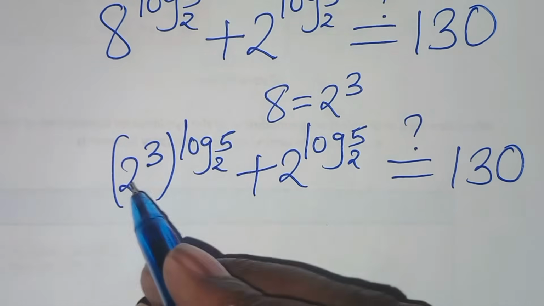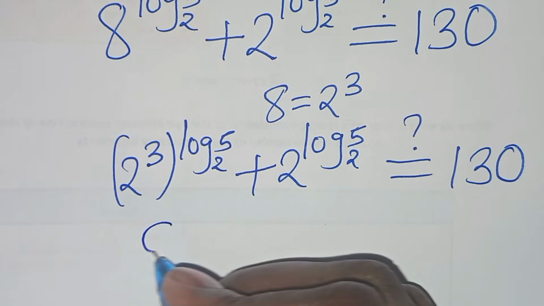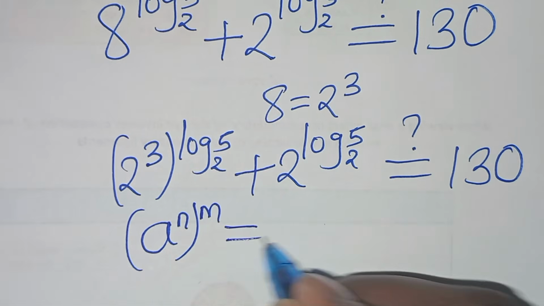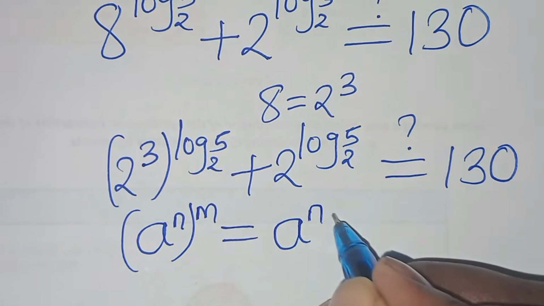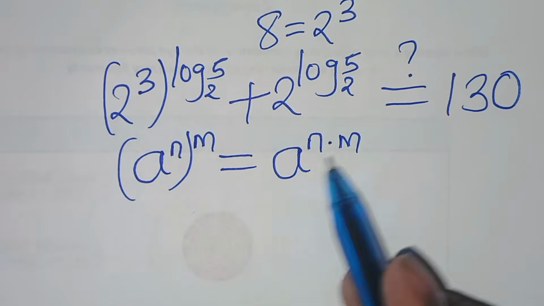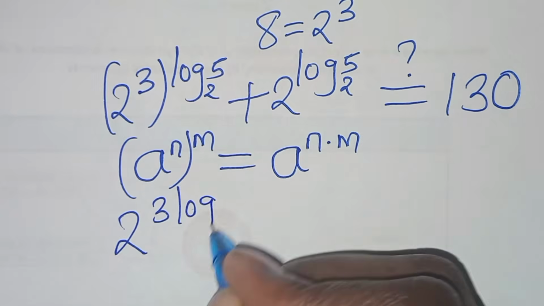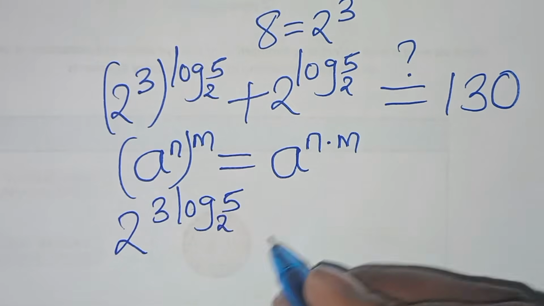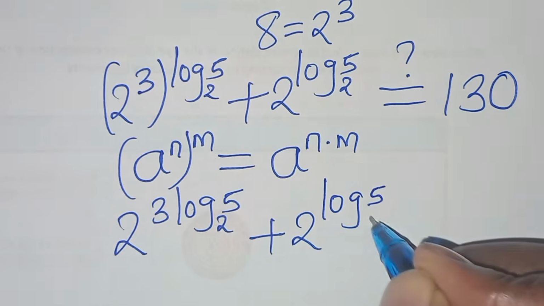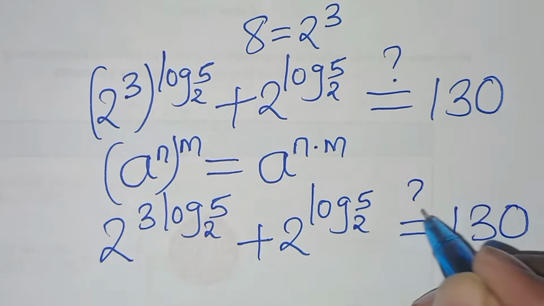The next step is that 2 to the power 3 raised to log 5 to base 2 is in the form of a to the power n raised to the power m, which we can express as a to the power n times m. Applying this exponent property, then we have 2 to the power 3 log 5 to base 2, then plus 2 to the power log 5 to base 2. This should give us a value of 130.